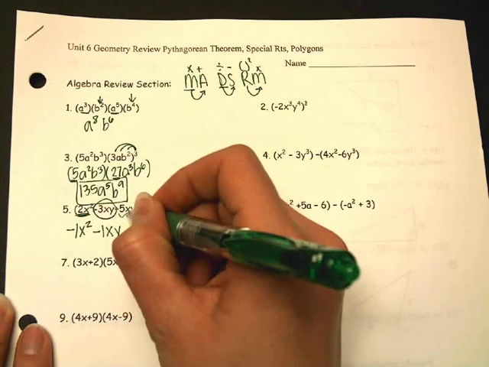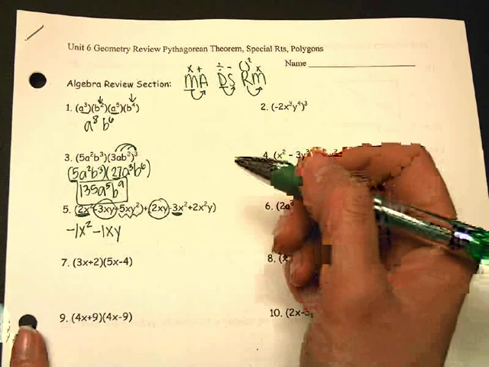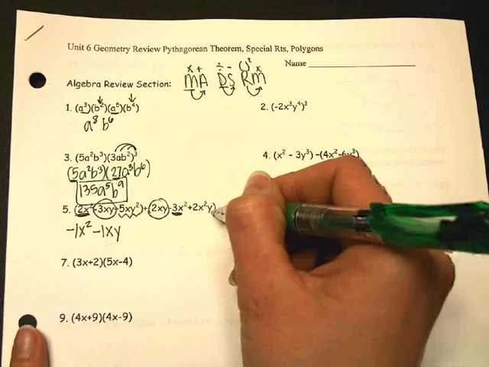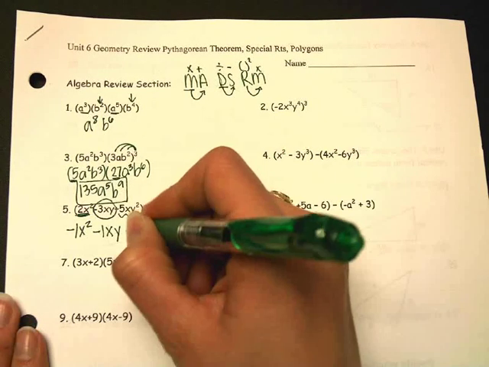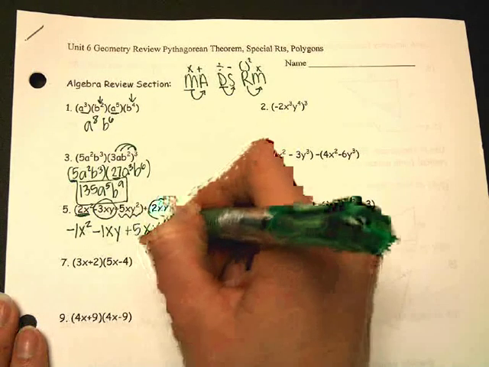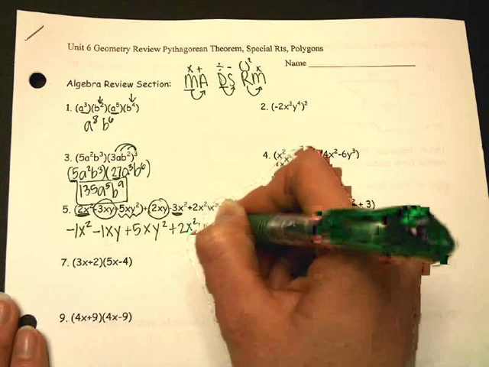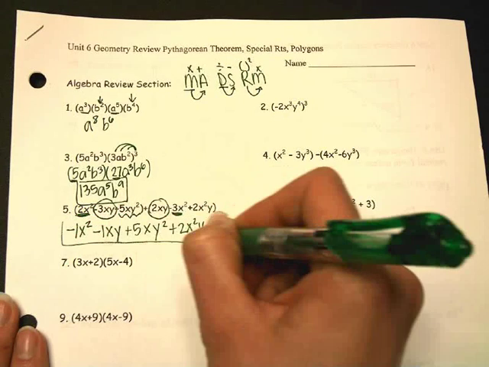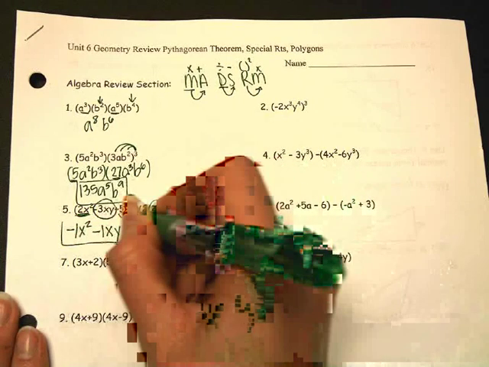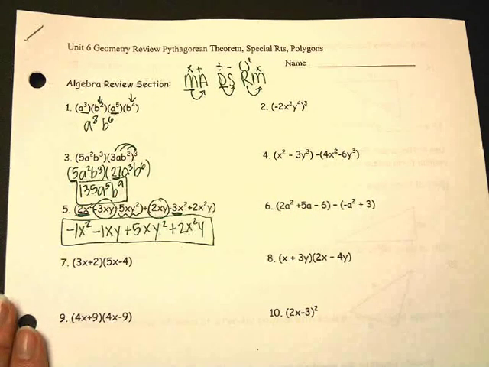Then I notice that this 5xy squared is not the same as 2x squared y, so I can't combine them, and they just stay on the end. I know my answer is ugly, but I have combined all my like terms, so this is the simplified answer.